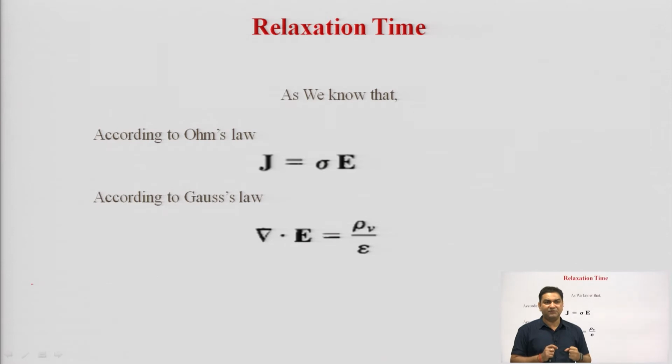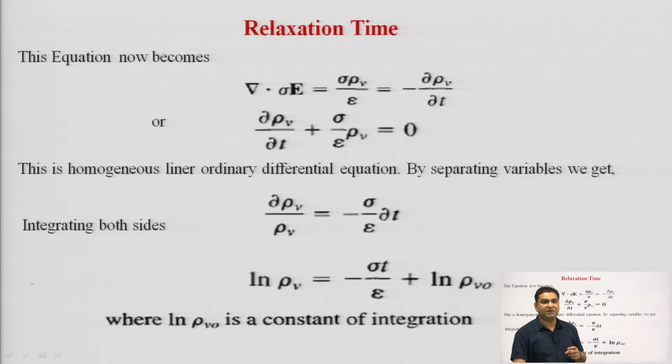At the same time, we can also describe Gauss's law as del dot E is equal to rho v upon epsilon. It says that the divergence of electric field intensity is defined as the volume charge density upon epsilon, and this epsilon is the permittivity of the medium. So, conductivity and permittivity of the medium are related to each other by these two laws. We can describe it very briefly.